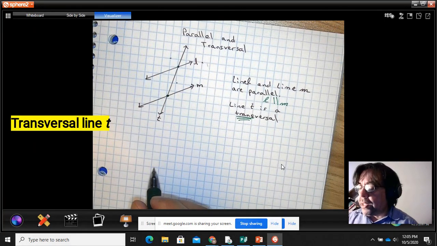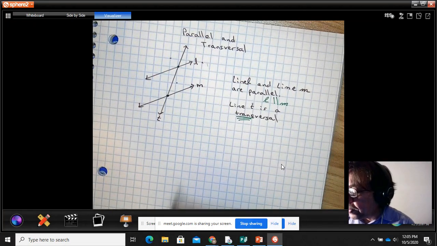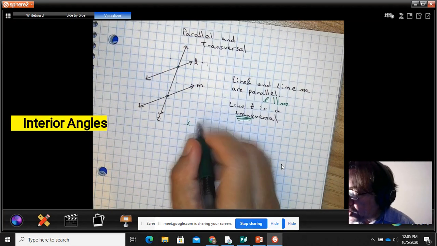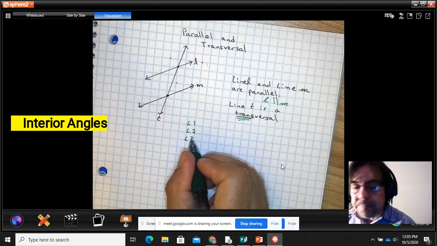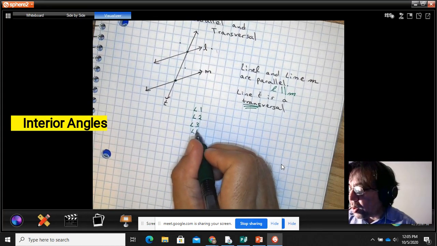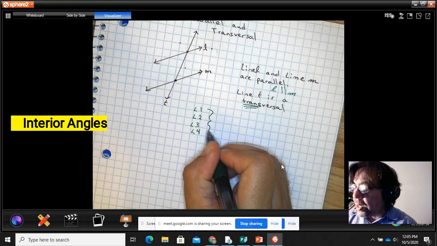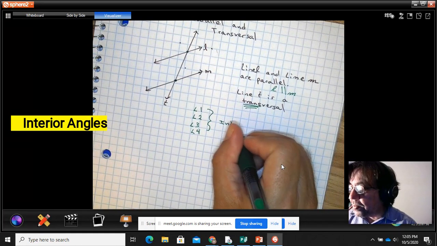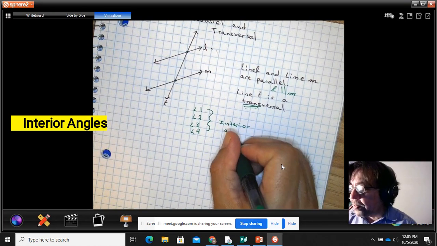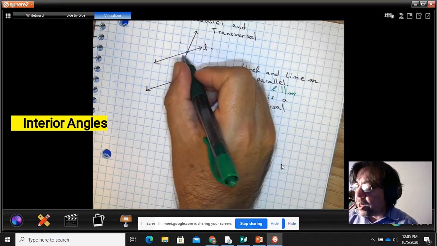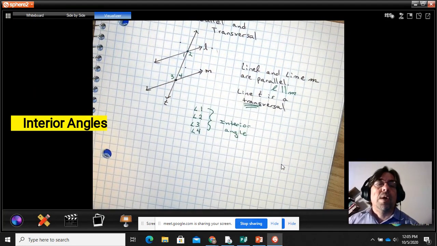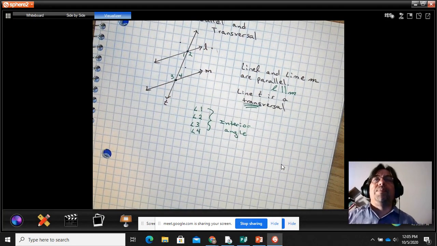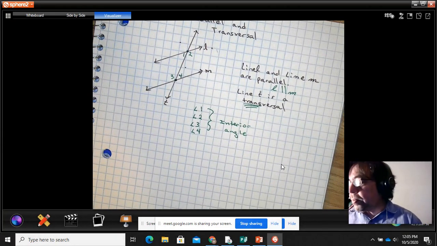So now let's label the interior angles. Angle 1, angle 2, angle 3, and angle 4 are going to be interior angles. What makes them interior? This is the way I like to think about it.